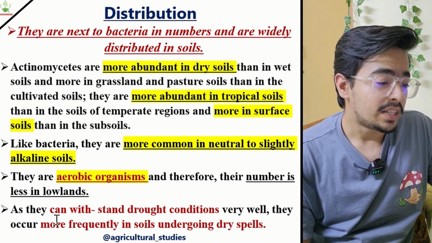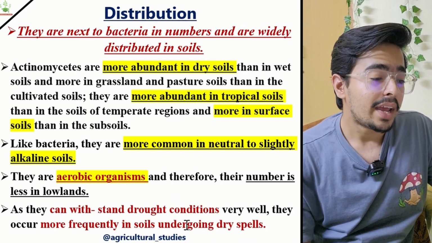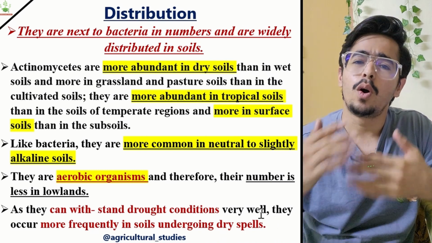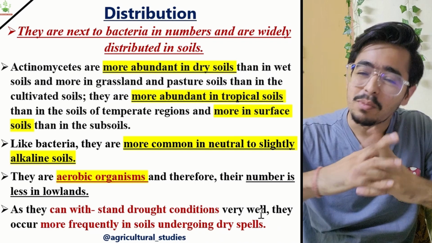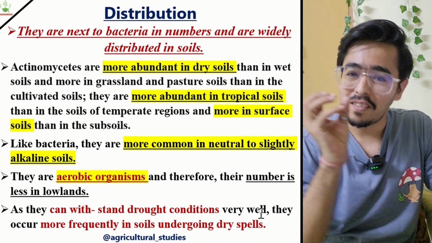Please remember these terms, where actinomycetes can be found more and where they can be less. As they can withstand drought conditions very well, they occur more frequently in soils with dry spells. Do you know what is the meaning of dry spell? If you have learned dryland agriculture, there are definitions of dry spells.